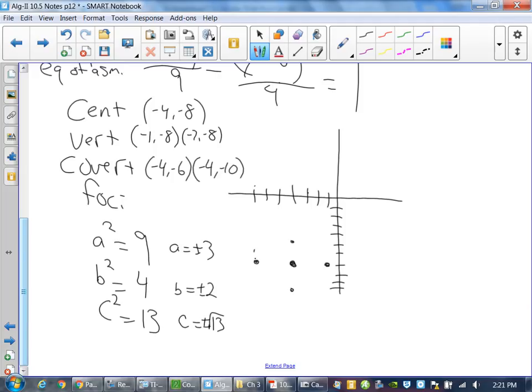Make the rectangle. Foci is a little bit more than 3, so this was up 2, here's 3. Plot your asymptote and go.